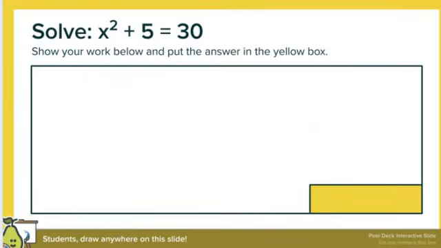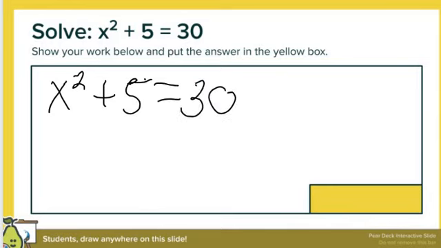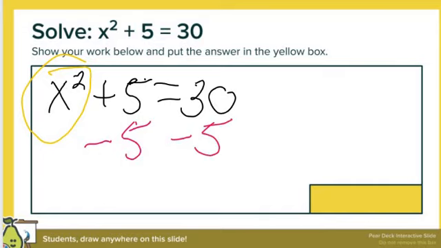Okay, x squared plus 5 equals 30. Same deal, right? We write it out: x squared plus 5 equals 30. Circle my unknown. Now I have to isolate, do what's outside. So I take minus 5. Notice how I do it on both sides.